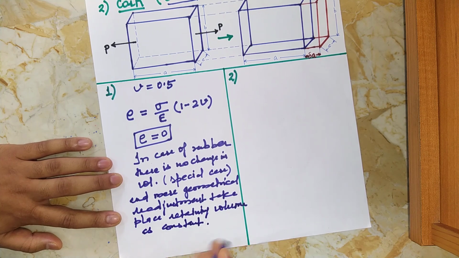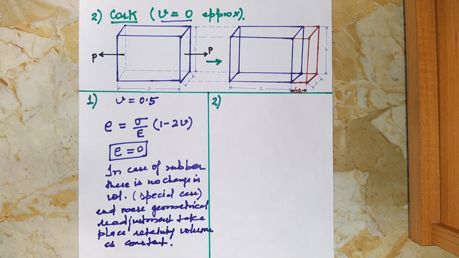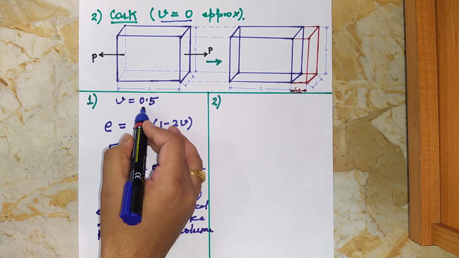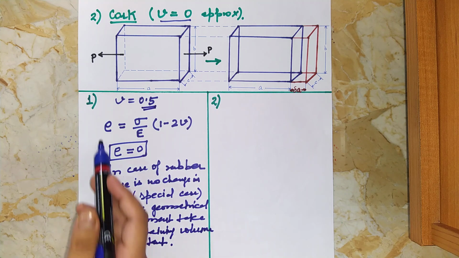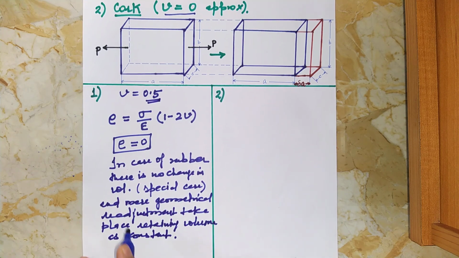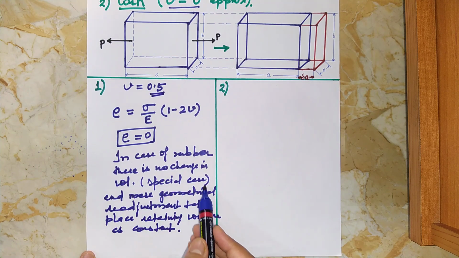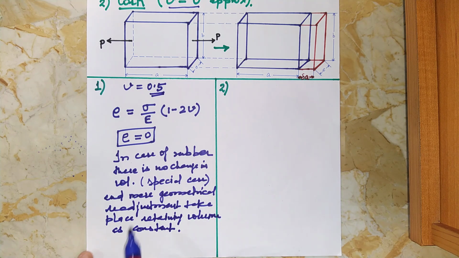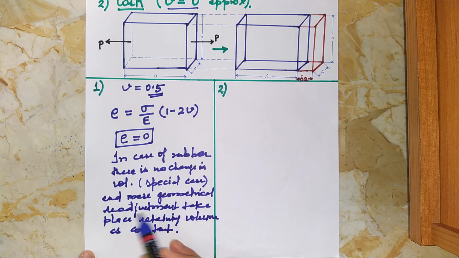Okay. So in a special case of rubber, we find that since the Poisson's ratio is 0.5, there will be no change in volume taking place, which is a special case actually. In other cases, we'll see that a tangible volume change takes place. And here in case of rubber, it's a mere geometrical readjustment taking place.